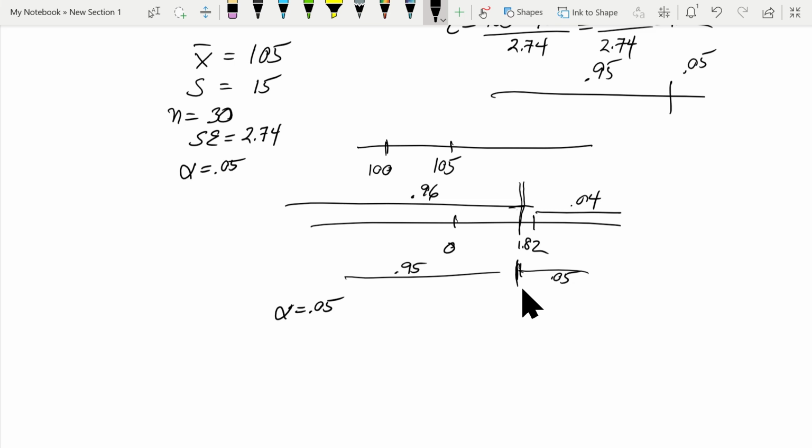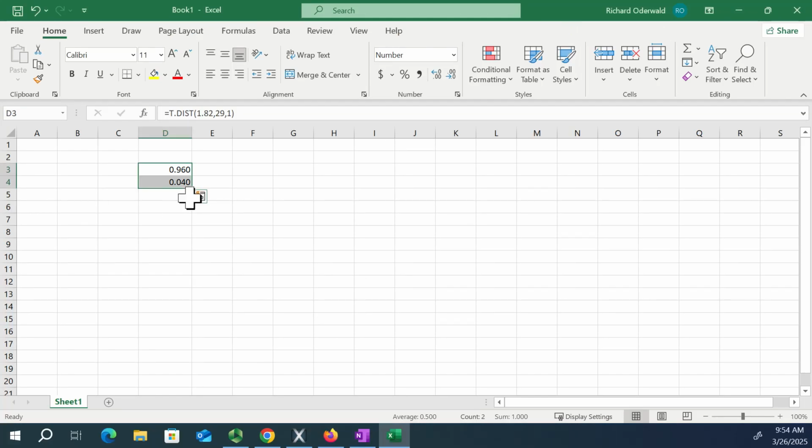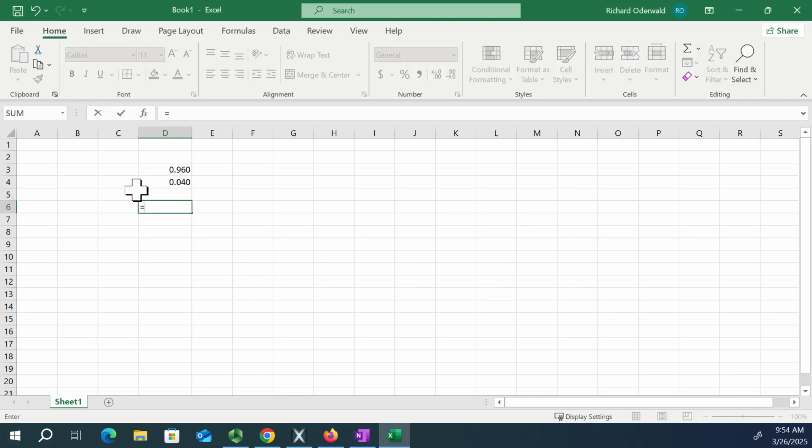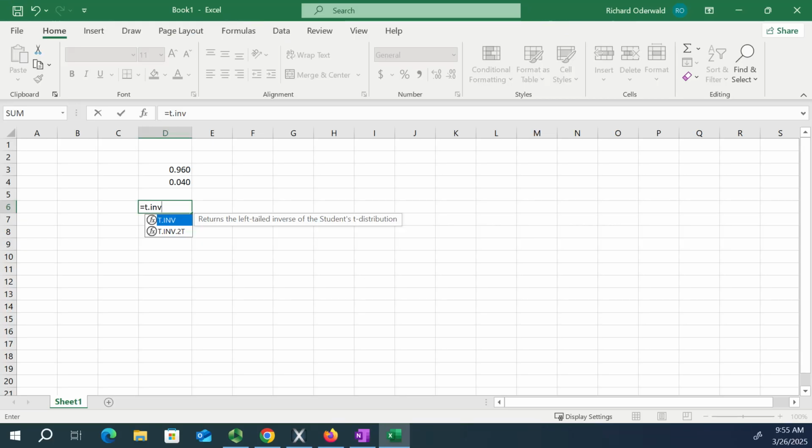What is the cutoff for 0.05? Use Excel. We need equals t.inv. I need 0.95 because that's the way that it works. It always comes from the left. Here, t.inv 0.95.